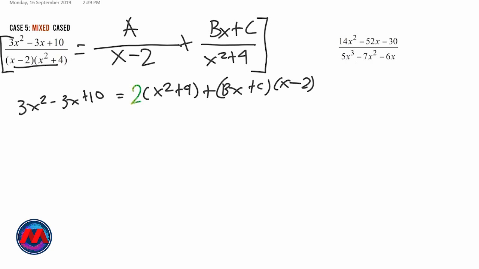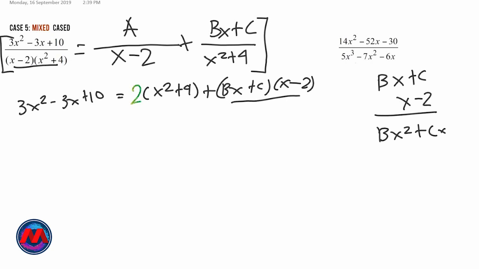Okay, so ngayon guys, expand ulit natin yung equation na to. So let's multiply these two linear equations. That's bx plus c times x minus 2. That's bx squared plus cx minus 2bx minus 2c. Okay, walang like terms.